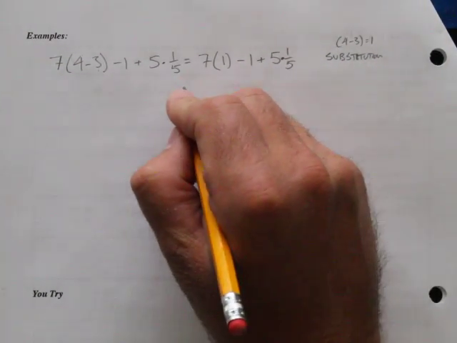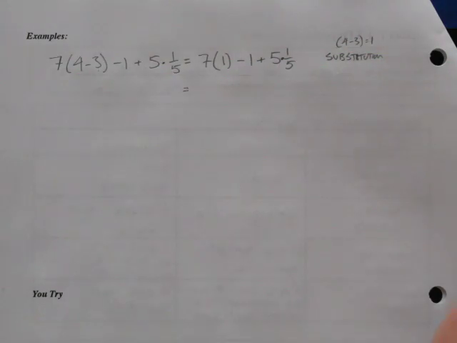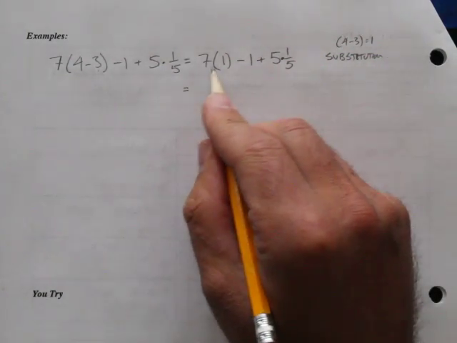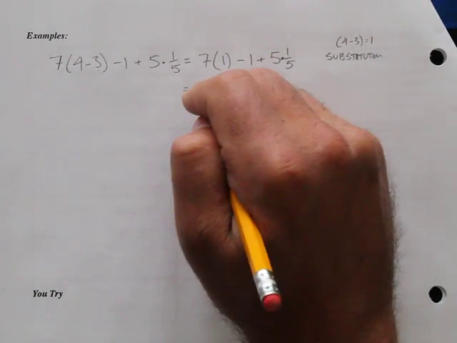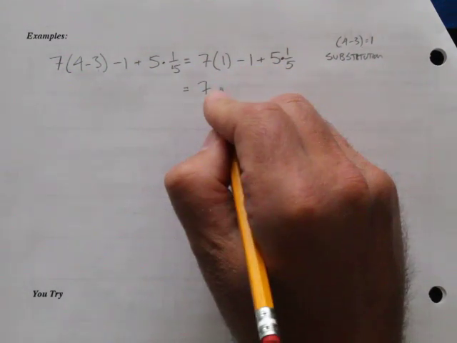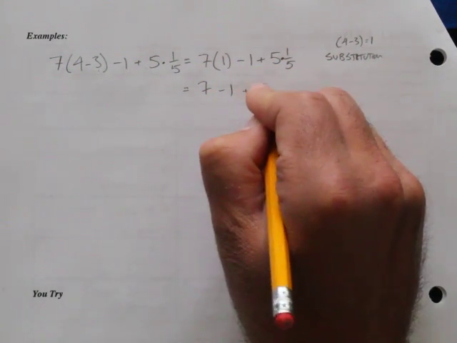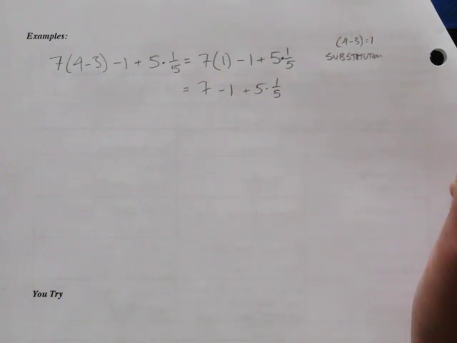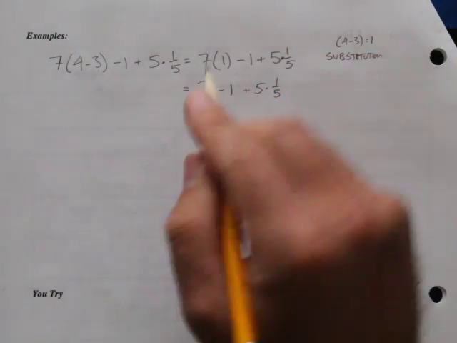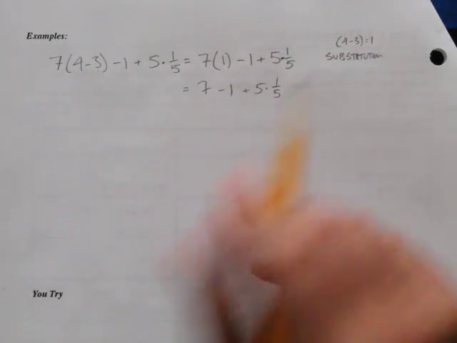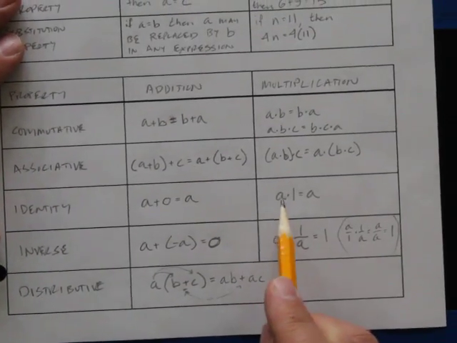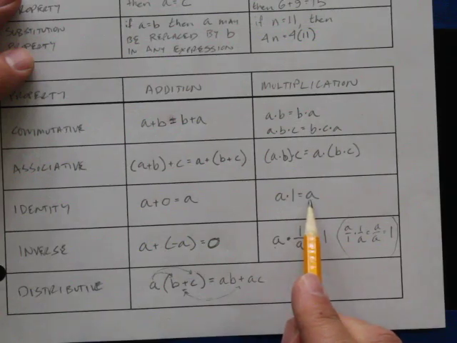Next, we're going to do the 7 times 1 here. So 7 times 1 is 7. And then I'm going to say minus 1 plus 5 times 1/5. And so that would be 7 times 1. Remember back here on this page, any number times 1 equals that number.